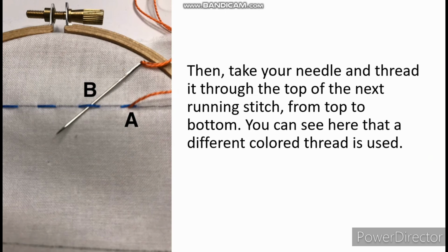Then take your needle and thread it through the top of the next running stitch from top to bottom. You can see here that a different color thread is used.